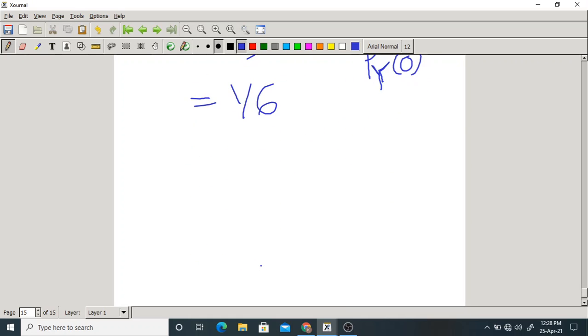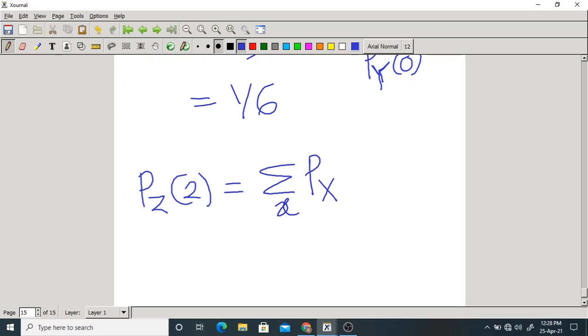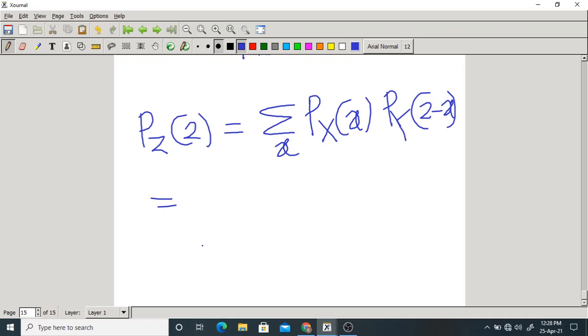Next, what is P_Z(2)? Summation over x of P_X(x) P_Y(2 minus x). If x is 0, it is not defined, since P_X(0) is 0.